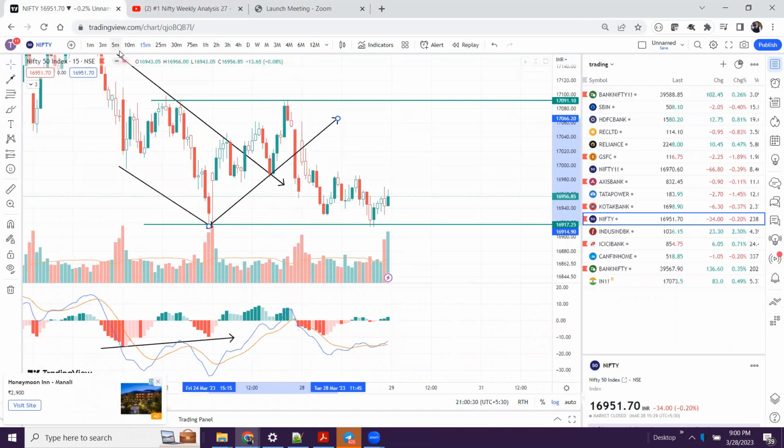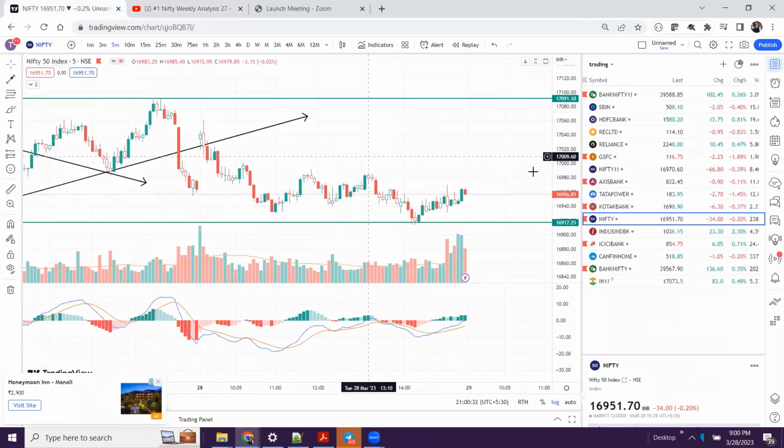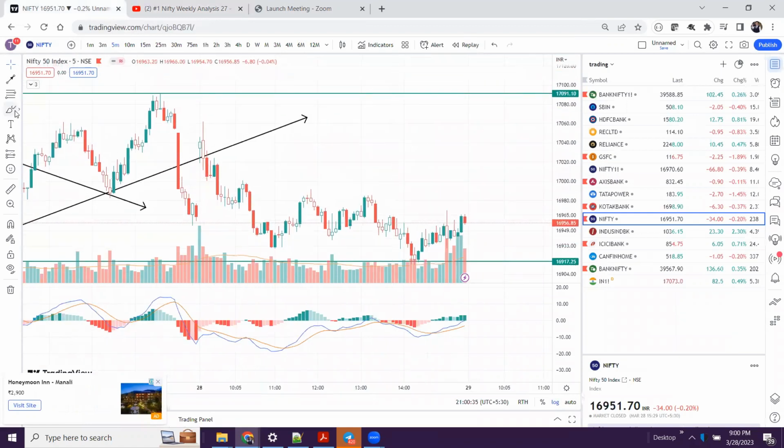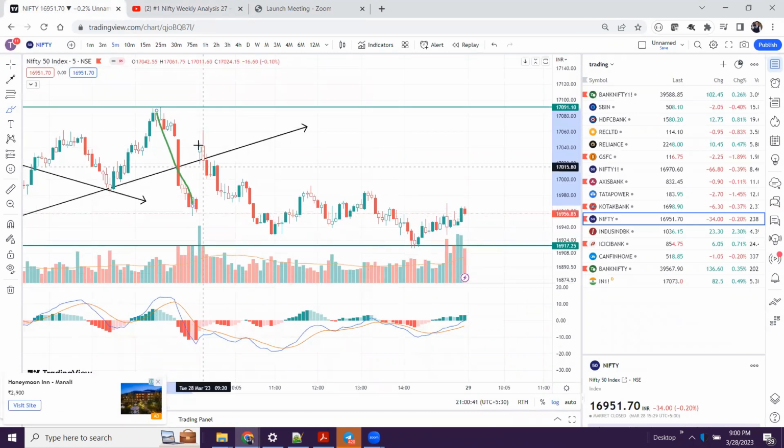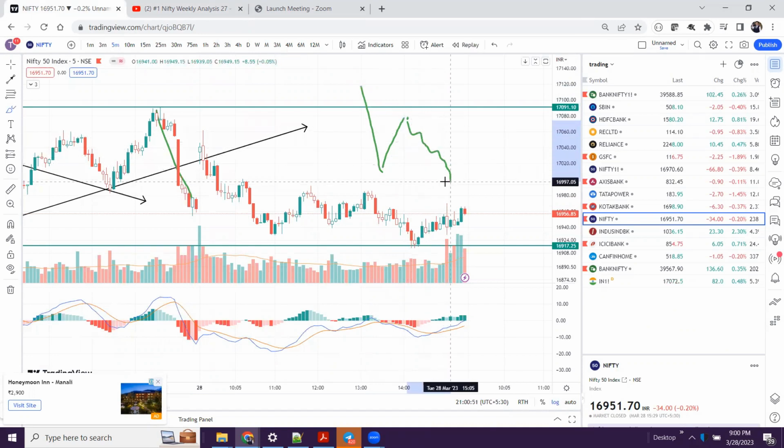Now if you go to the 5-minute chart, since there was a gap up today, for this impulse we needed one more corrective structure, but we got a gap up, which means this is a bullish candle. And after that, you can see slowly this low was broken.